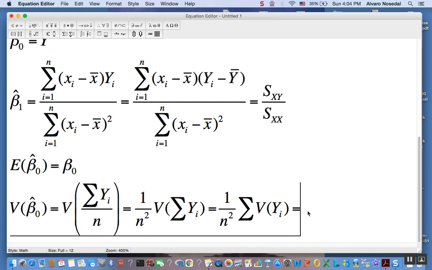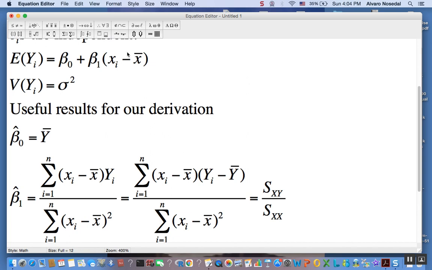And the variance of yi is just sigma square, remember?